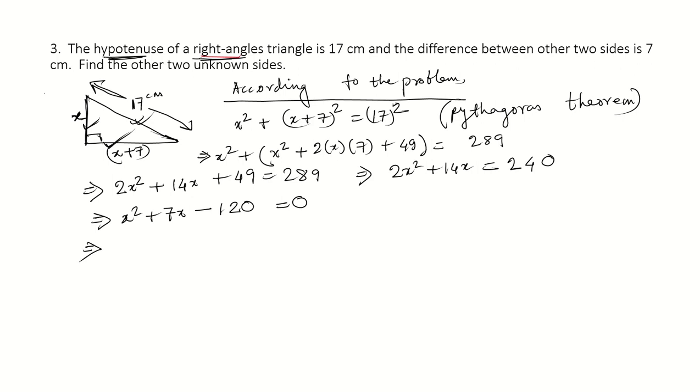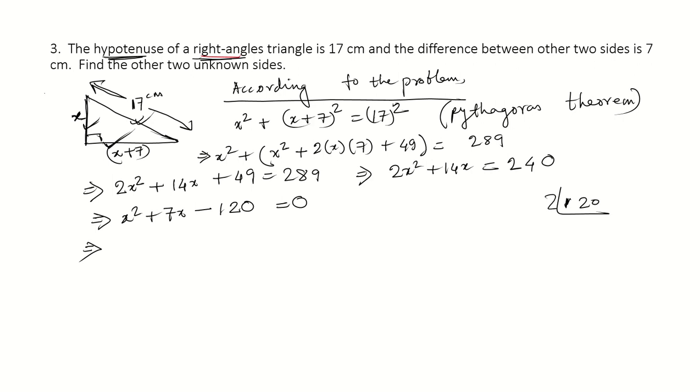You can solve this by factorization, or by the formula method, which is minus b plus minus root over b square minus 4ac by 2a. Whichever you're comfortable with, it's fine. If it can be factorized, you can just factorize it. If you cannot, if we are not getting integers, then it's good to use the formula.